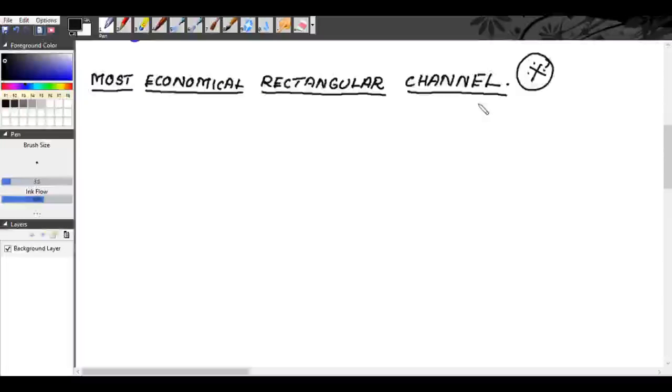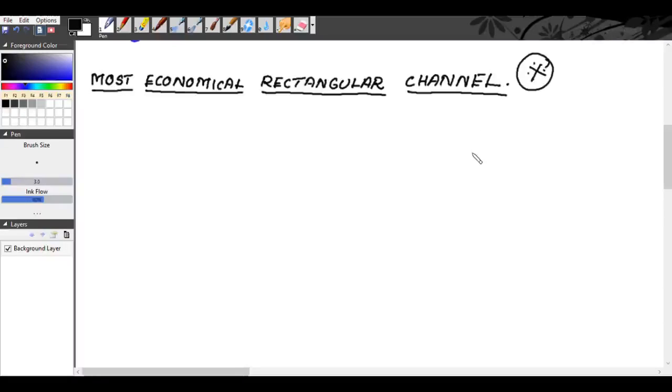Okay, so you remember the derivation. See, the derivation is very simple. Remember the derivation, and if it is not possible to remember the derivation, try to understand the important concept and the conditions. Okay, now we will derive the important conditions for the most economical rectangular channel.